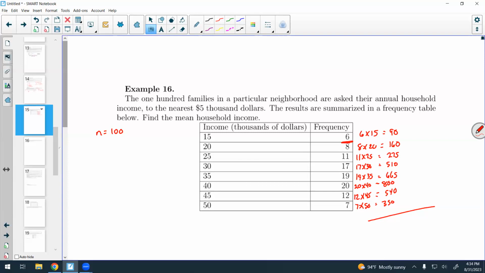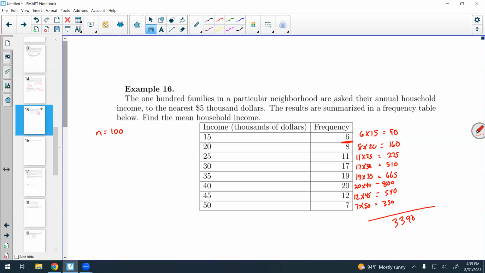Then all we have to do is add up those numbers instead of adding up 100 individual things. So we have 90 plus 160 plus 275, 510, 665, 800, 540, 350. And I get 3,390.